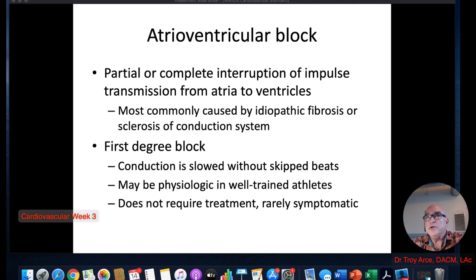With your first degree block, the conduction is actually slowed without skipped beats, but as you progress, it gets worse. And it may be physiologic in well-trained athletes. I told you a story about my friend that probably had something like that going on. It does not require any treatment, and it's rarely symptomatic.